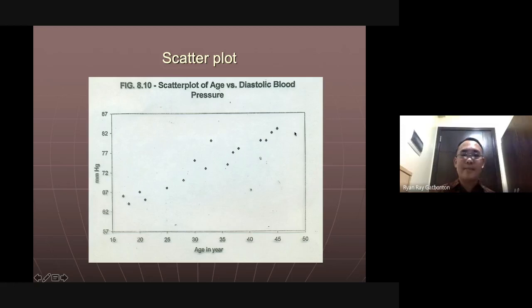So this reflects a direct relationship between two of your variables. An upward trend is a direct relationship, while a downward trend, from here going to here, signifies an inverse relationship. When we say inverse relationship, if one variable increases, the other one decreases, or vice versa. That's an inverse relationship. Okay?